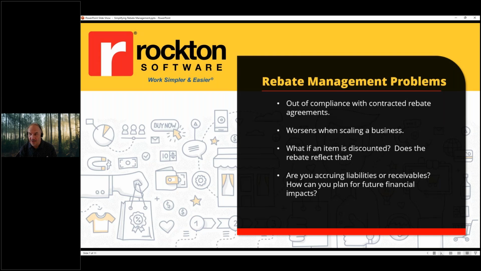So if you're not accruing it as it goes along, you are missing out on the true financial picture of where you stand with coordinating your rebates, of how much money you need to pay out, or optionally how much is receivable back to you, say from a vendor. And so it's important to have clear financials so that you can appropriately prepare for cash flow and other issues on your financials, and making sure that you can understand those things as you go along.